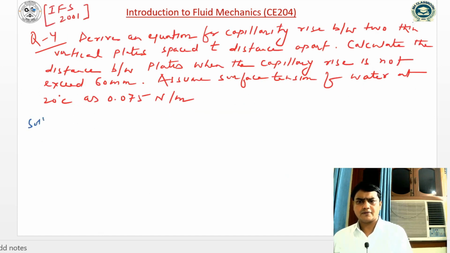This question I have taken from Indian Forest Services. Derive an equation for capillarity rise between two thin vertical plates spaced t distance apart. Calculate the distance between plates when the capillary rise does not exceed 60 mm. Assume surface tension of water at 20 degrees is 0.075.